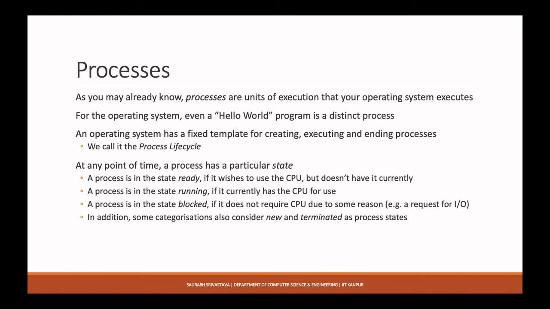So basically, the operating system, in the beginning, creates your process. This involves putting whatever is necessary for your program to run in the main memory. And once everything is ready, we call that the state: the process is now in a ready state. It is not yet executing, but it is in the ready state.